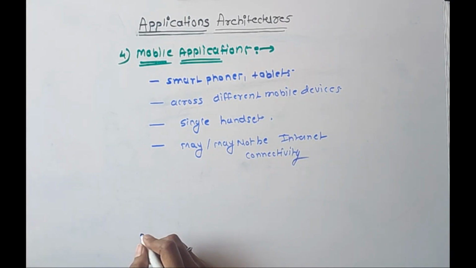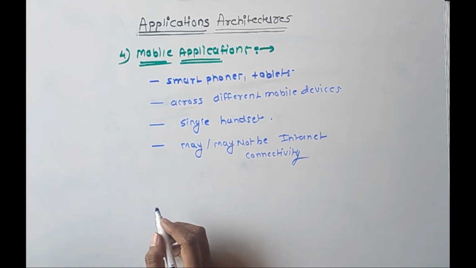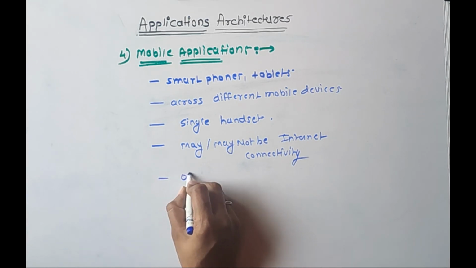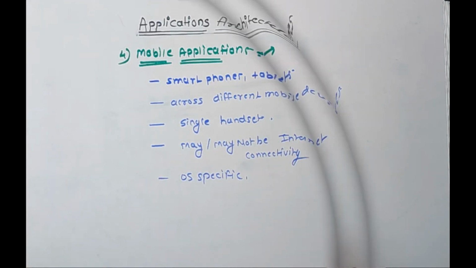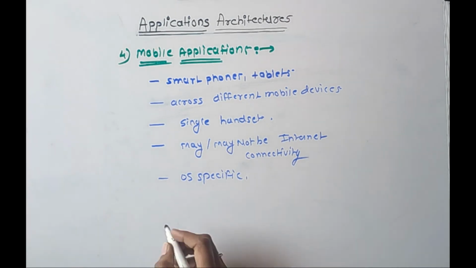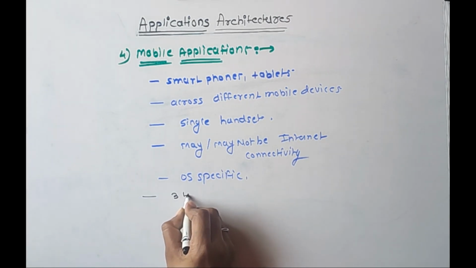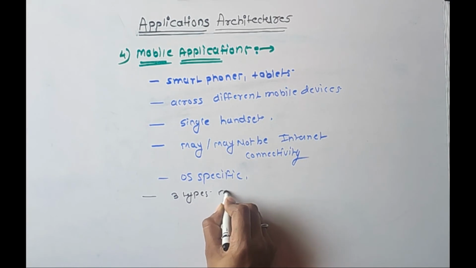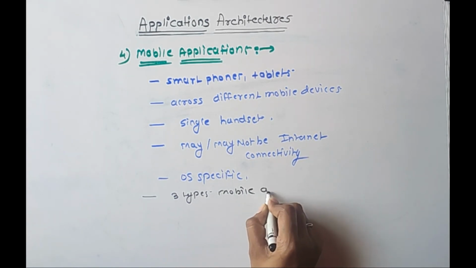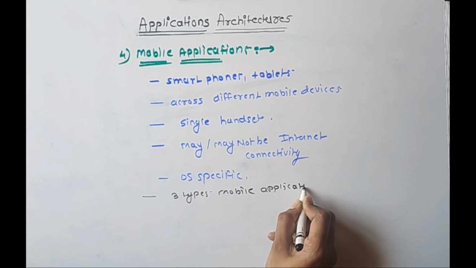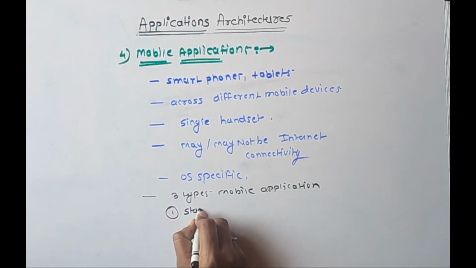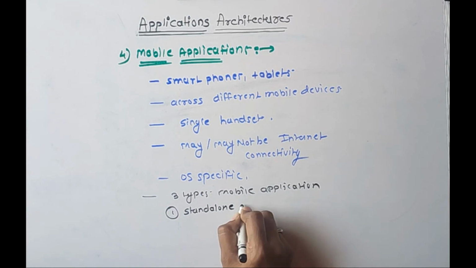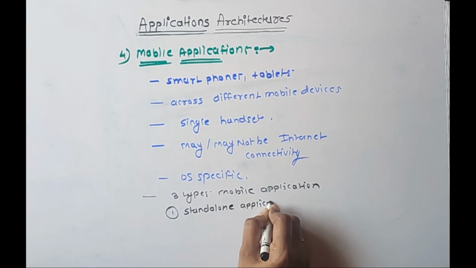Mobile applications run on a mobile operating system. Applications can be OS specific. There are 3 types of mobile applications. First one is standalone applications.